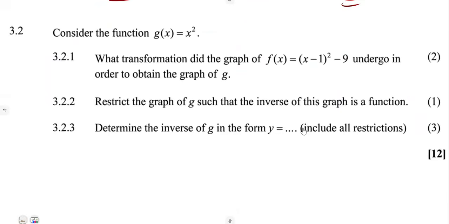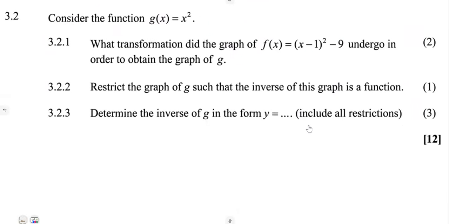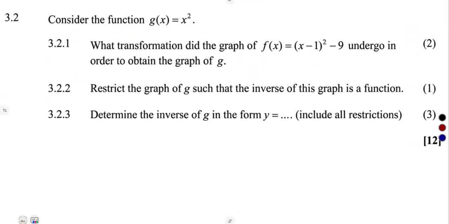For 3.2, consider the function g of x given as x squared. What transformation did the graph of f of x undergo in order to obtain the graph of g? We are back to transformation. I have already placed a playlist for you guys for transformation for your grade 12 mathematics basics.